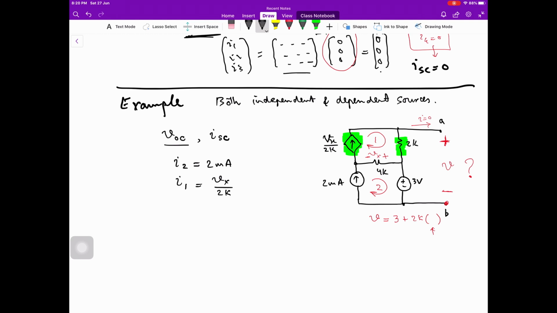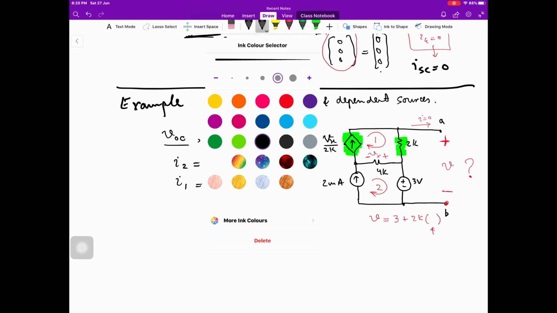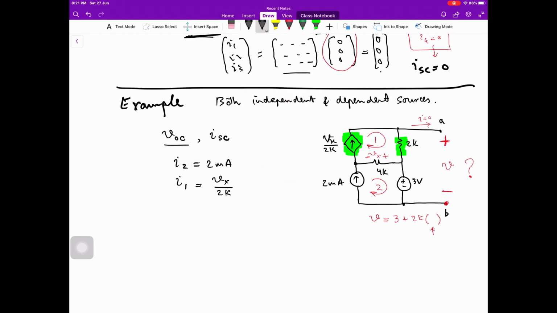So now, proceeding further, what is Vx over here? If we see the resistance across which Vx appears, you can easily say that Vx is resistance multiplied by the current flowing through this resistance. Listen carefully, due to the polarity of Vx, the current flows through this resistance from right to left.